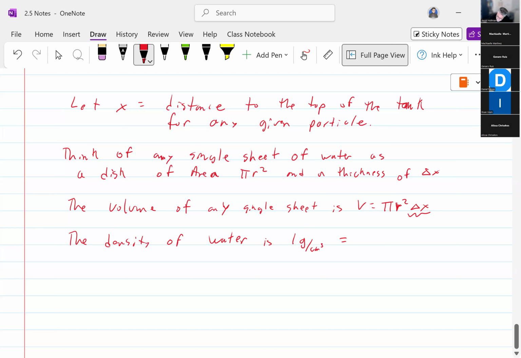Which is equivalent, we're going to change this to 1,000 kilograms per cubic meter. So we just did the unit conversion there in SI units.